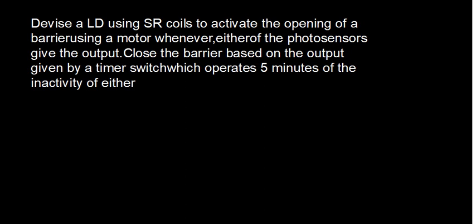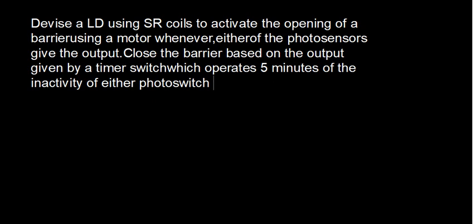So now look at the problem statement. Devise a ladder diagram using SR coils to activate the opening of a barrier using a motor whenever either of the photosensors give the output.